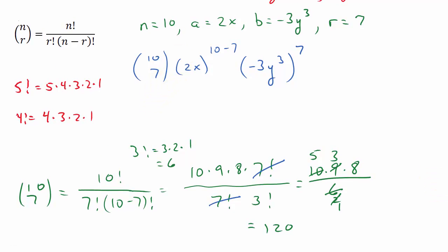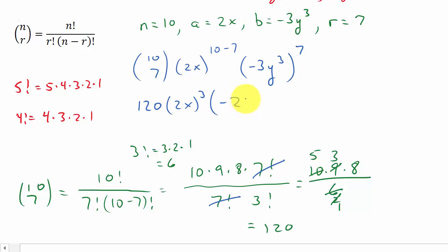And so this factorial here, that would be 120 times 2x cubed times, oh goodness, and then we've got this raised to the 7th. So negative 3 raised to the 7th, that would be negative 2,187 y, and then remember 3 times 7 is 21.